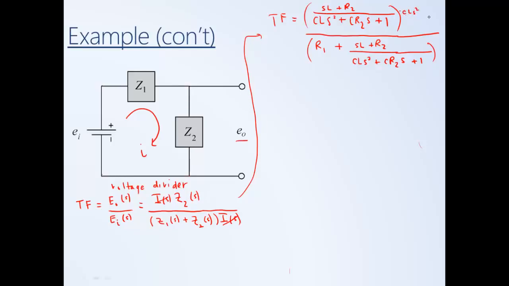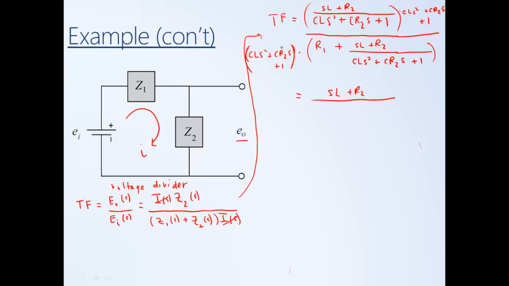CL S squared plus CR2S plus 1, do the same thing down here, CL S squared plus CR2S plus 1. Then we can clean this up. So if we distribute this through, this denominator will cancel with that expression. We'll be left with SL plus R2 in the numerator.